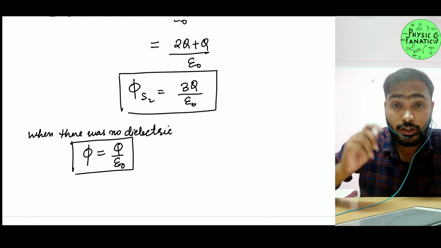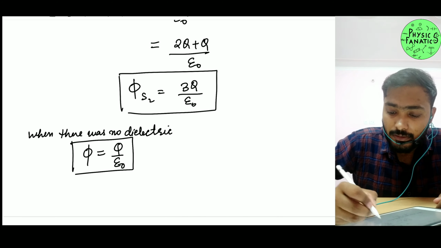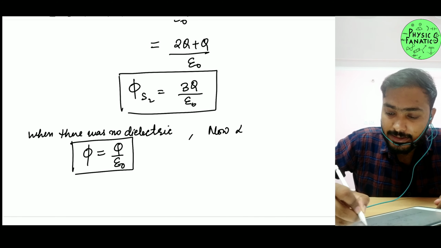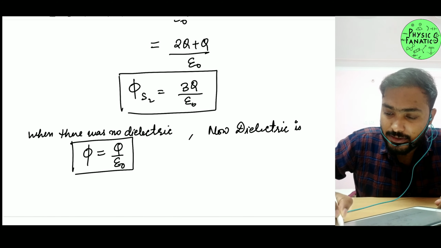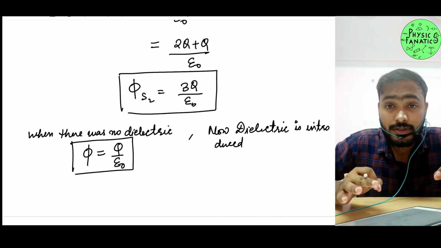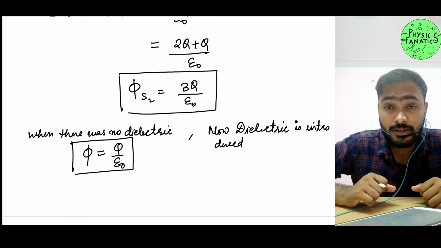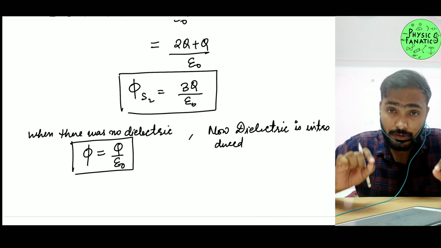Now the dielectric has been introduced. Now obviously, as the dielectric is introduced, the value of flux that is passing out of that closed surface S1 is going to be reduced.